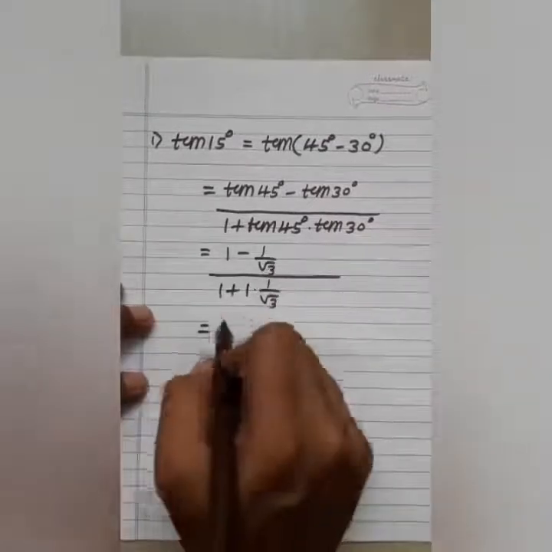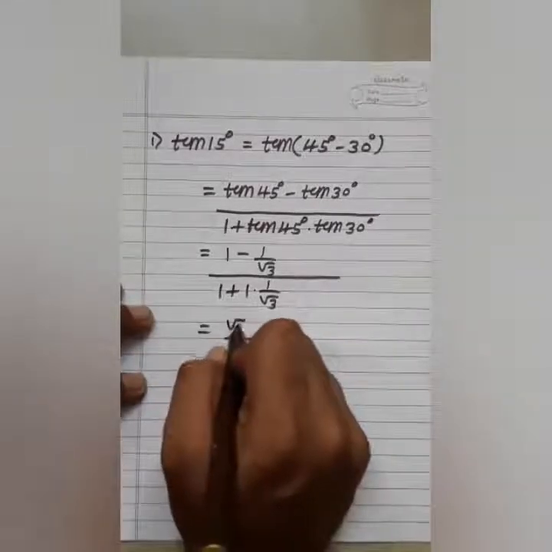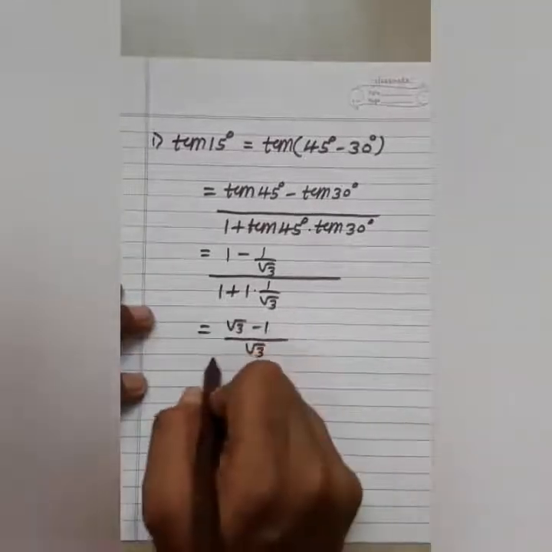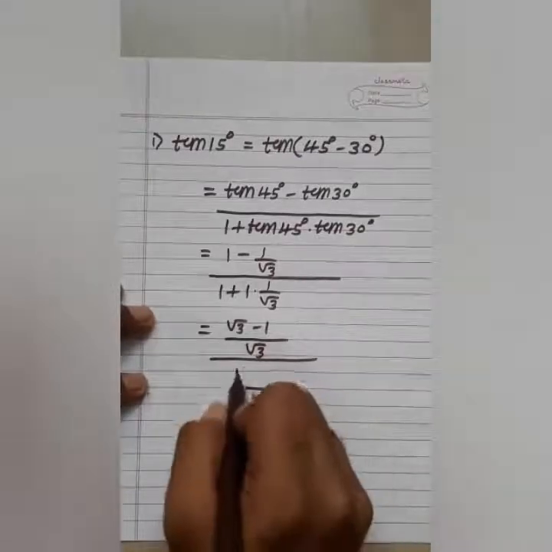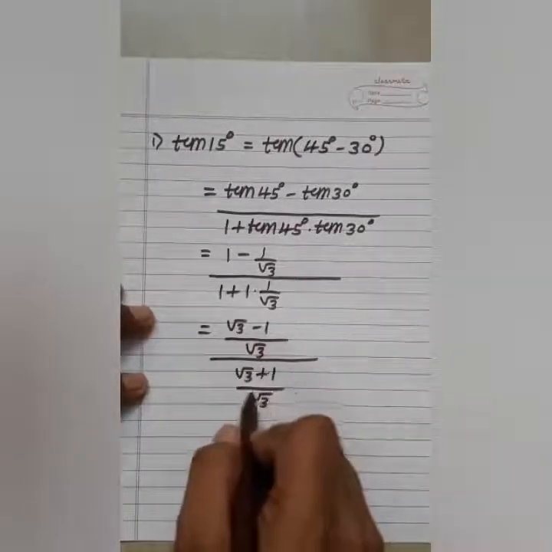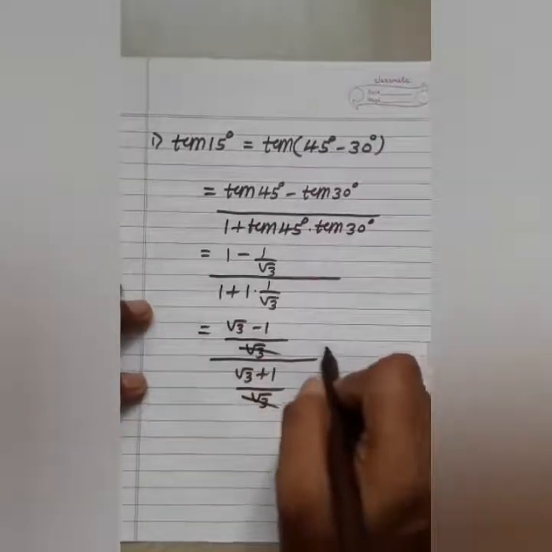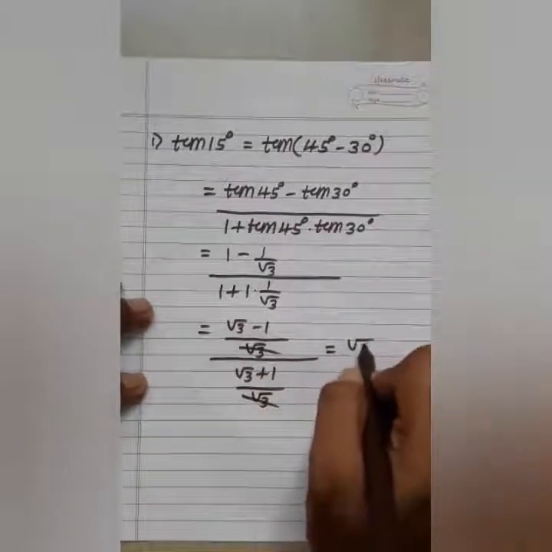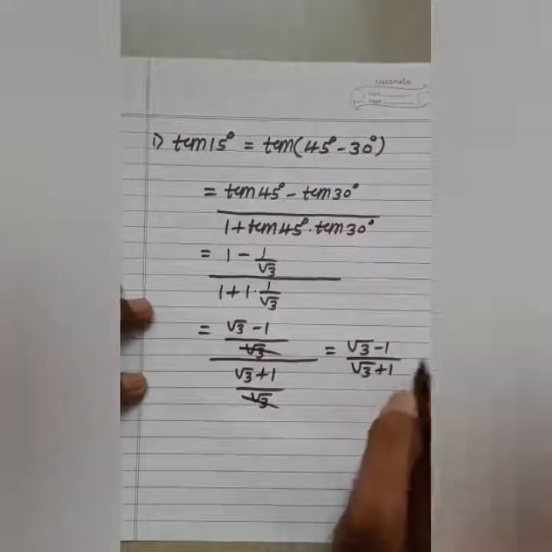So we can write root 3 minus 1 upon, in the same way in the denominator, root 3 plus 1. After root 3 cancels out, the remaining term is (root 3 minus 1) upon (root 3 plus 1).